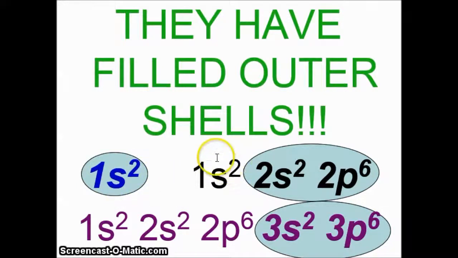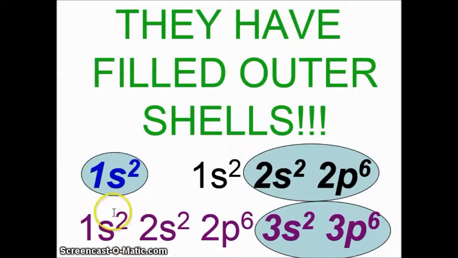If we look at the next one here, this is neon, and we have the first energy level completely full. The second energy level, the 2s, holds 2 and it's full. The 2p holds 6 and it's full. We also look at the next one down here, argon.